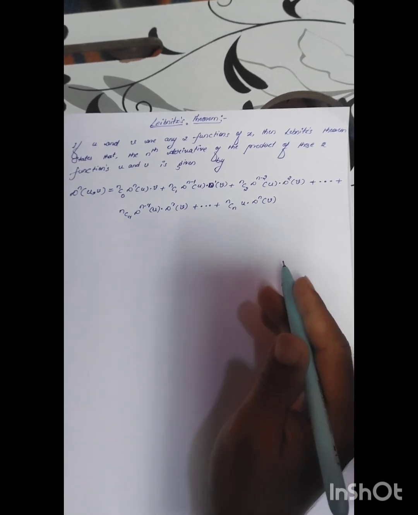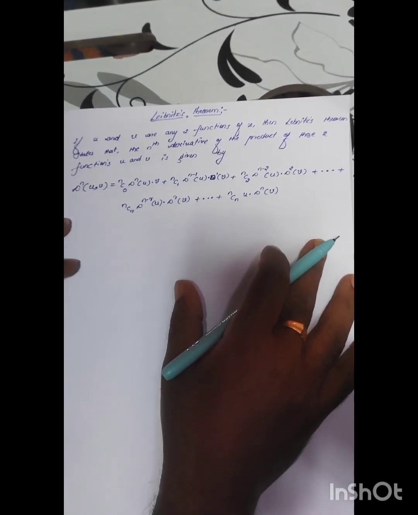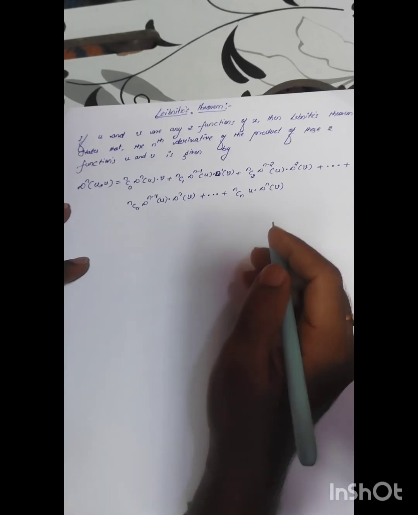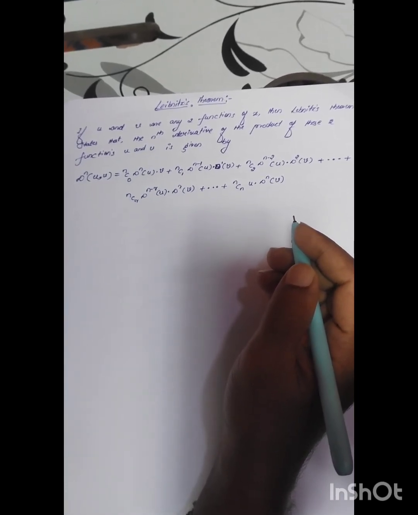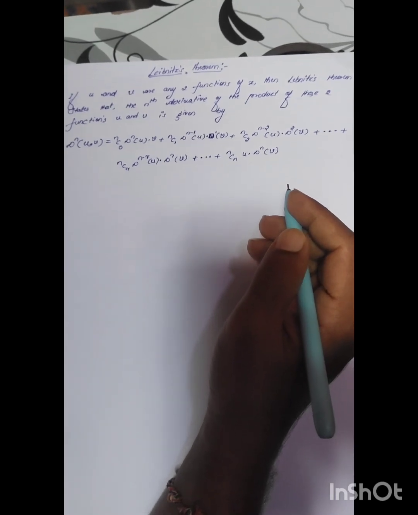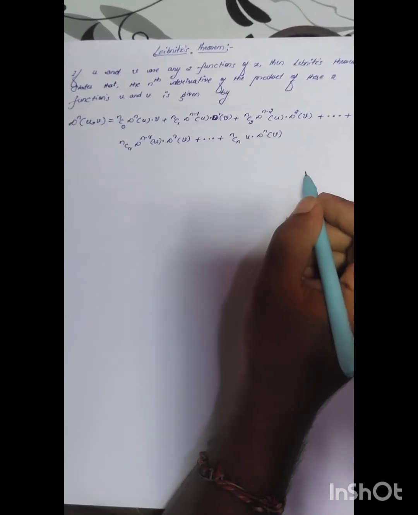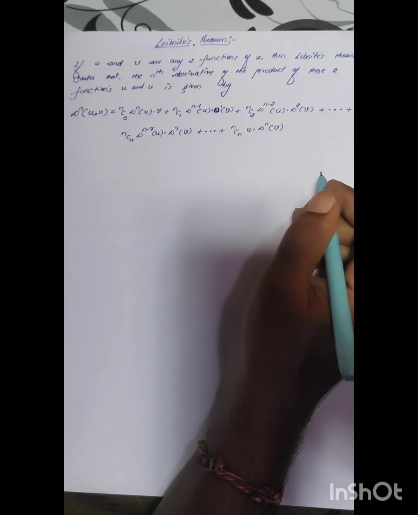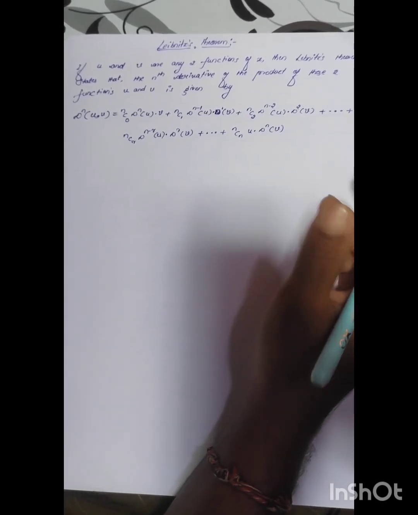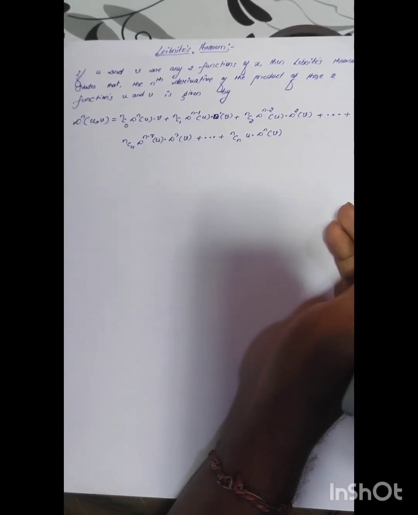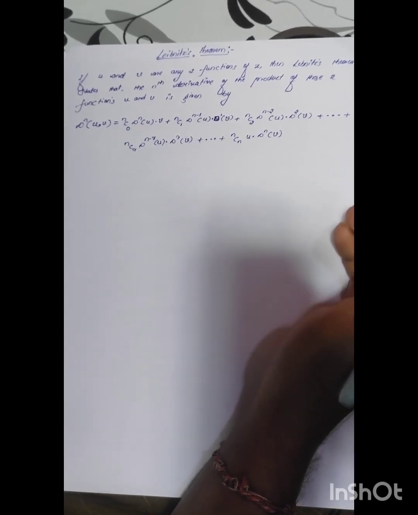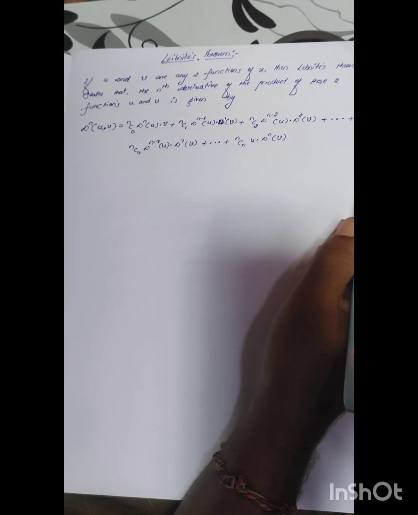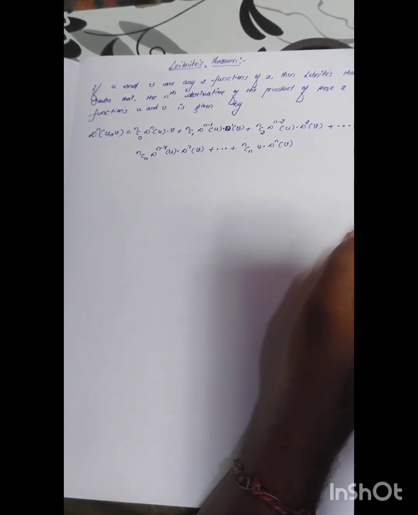This theorem can be proved using the principle of mathematical induction. As we know, in the principle of mathematical induction we first prove the result for n equal to 1. Then we assume that the result is true for some arbitrary n equal to m or n equal to k, and whenever we assume that the result is true for n equal to m, we prove that the result is true for n equal to m plus 1 also.